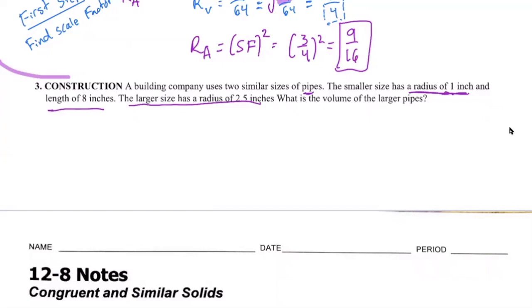I'm gonna write this down. Your small pipe has a radius of 1 and a height of 8, and for the large pipe, the only thing we know about it is that the radius is 2.5 inches.